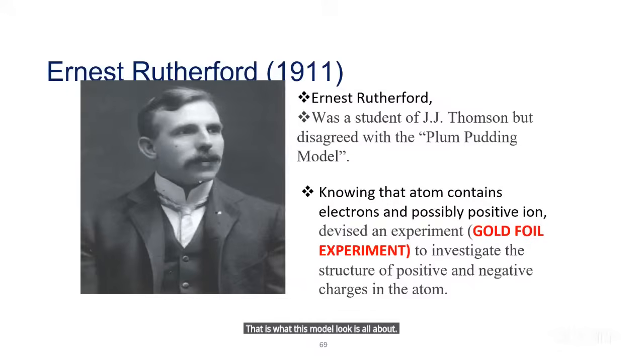And now, in the dough, you have your cheese, scattered all over the dough. The plum pudding model is just like that. Thomson sees the atom as the dough being the positive charge of the atom, while you have the cheese scattered all over as the negative electrons.